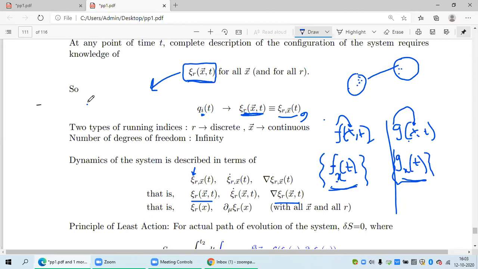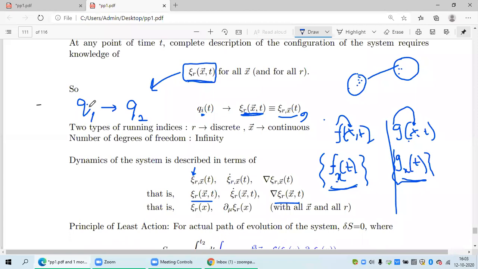So when you do classical mechanics and focus on a system, you first identify the generalized coordinates of the system.